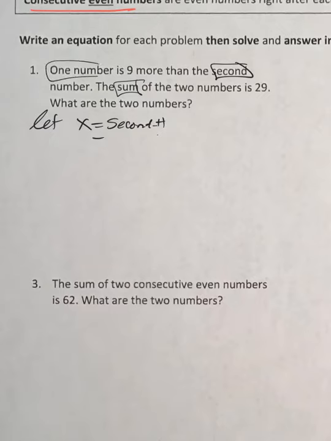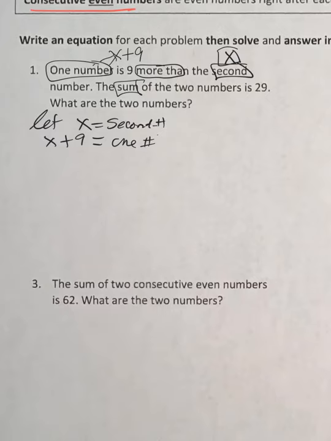And then we've got one other number. So we can say one number or the other number, right? Basically, we just have two numbers. We're going to let x represent the second number, and the other number is going to be 9 more than that. So 9 more than x, because remember, x represents the second number.